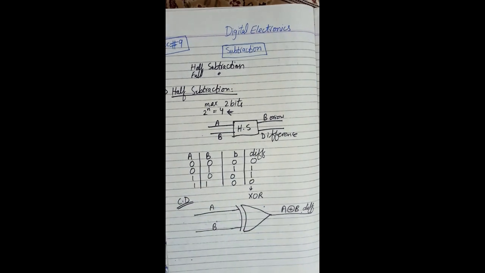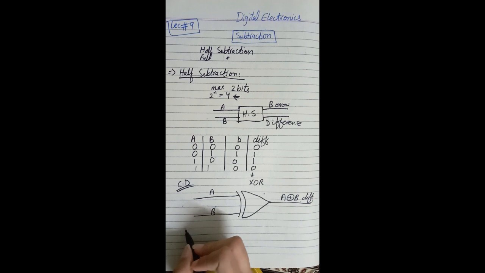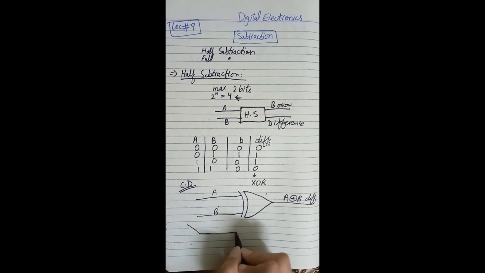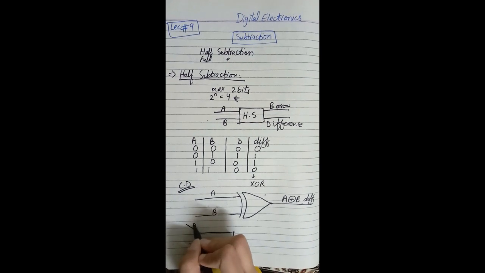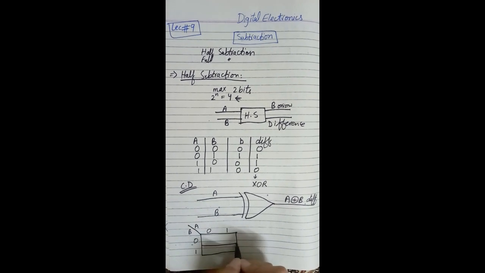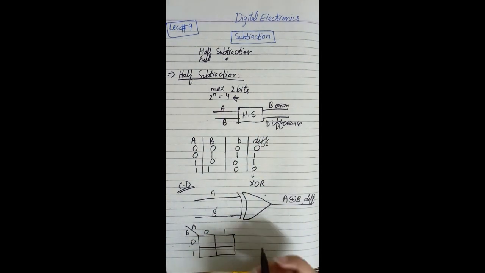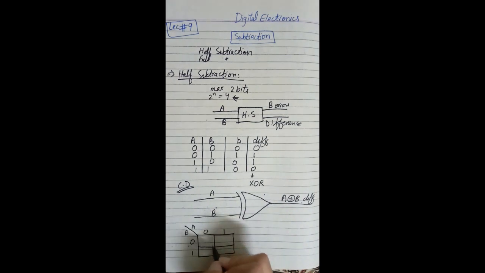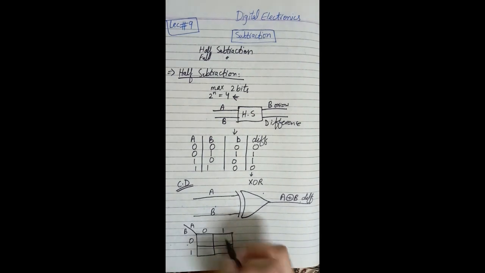Now we will study the borrow. For this we first have to make the K map, with A and B as 0 and 1, 0 and 1. As we have 4 possible combinations, it means we have 4 boxes. We put the numbers in it according to the borrow column.